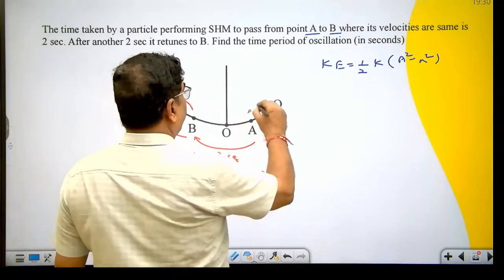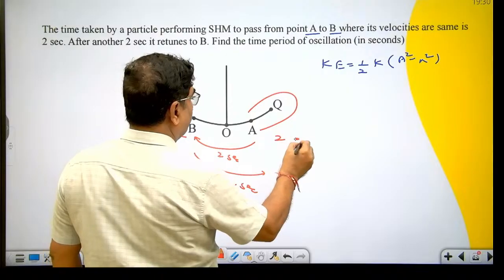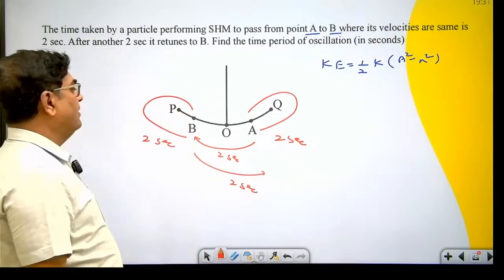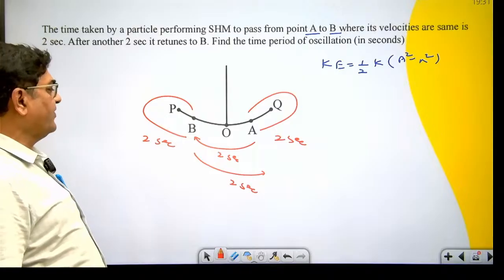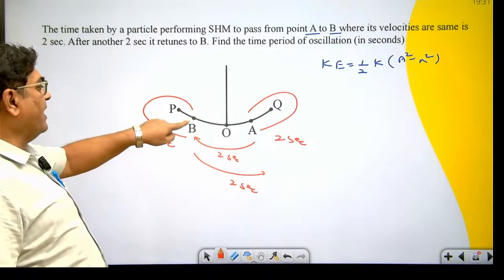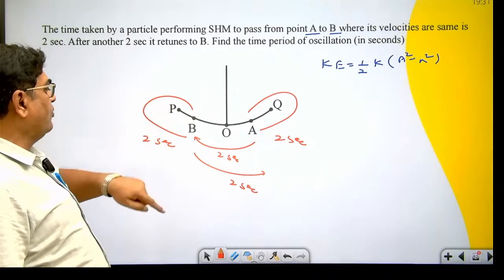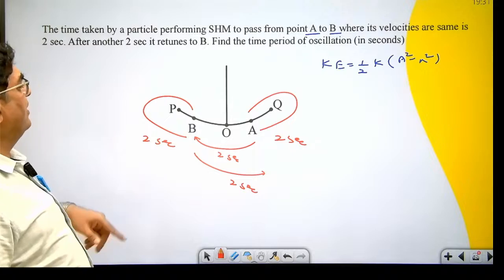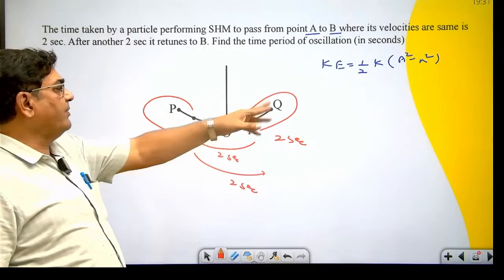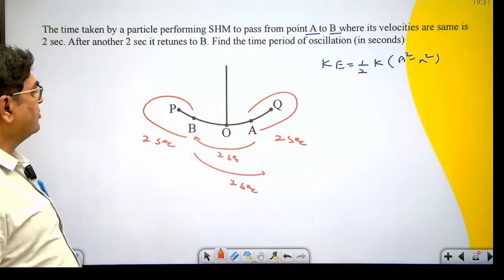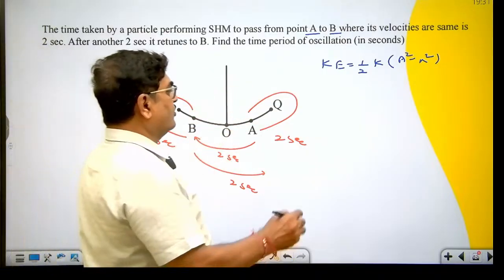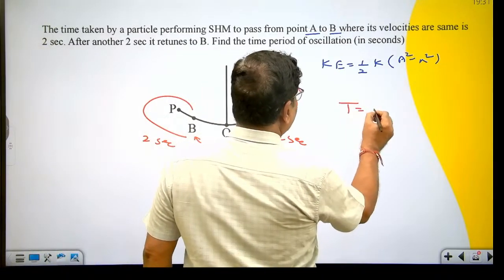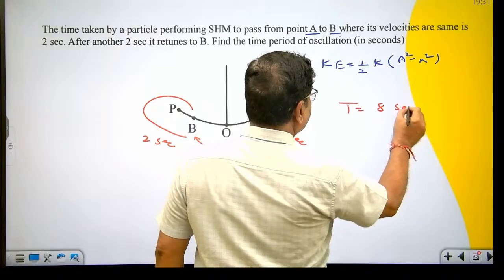Then definitely from here to here will also be 2 seconds, because the positions of A and B are identical with respect to O. So the time taken by the particle in moving from B to P and P to B is 2 seconds. Then the time taken in moving from A to Q and Q to A is 2 seconds. So this is 2 seconds, this is 2 seconds, this is 2 seconds, this is 2 seconds. So this complete system makes the time period equal to 8 seconds.